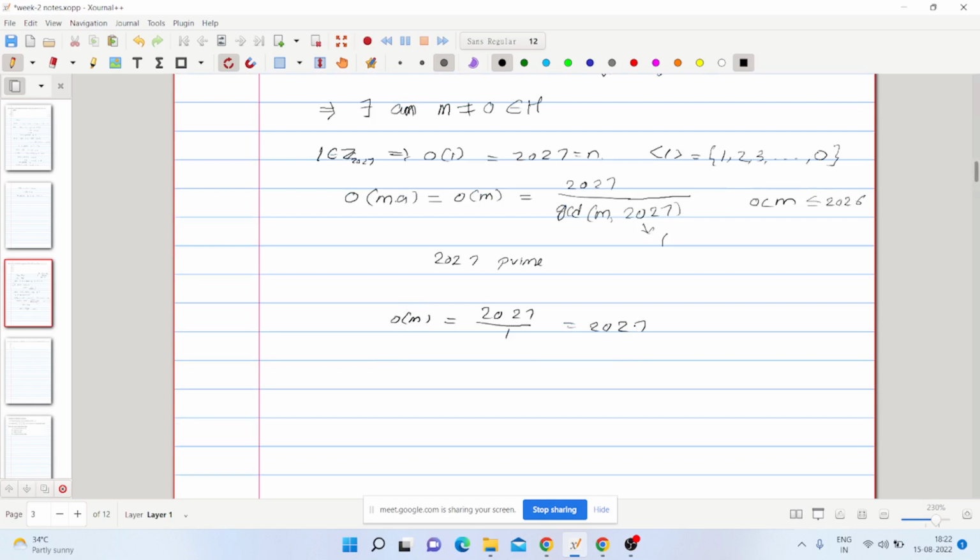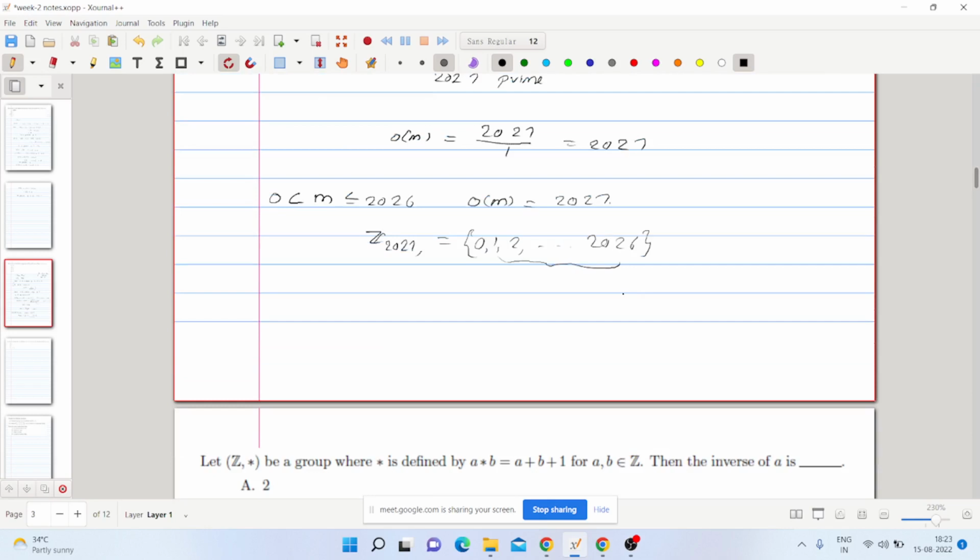What we have taken is m, an element which varies between 1 and 2026. For any such m, we get the order of m equals 2027. That means in the set Z_2027, we have elements 0, 1, 2, etc. up to 2026. If we are taking any of these elements, what does this order of m mean?